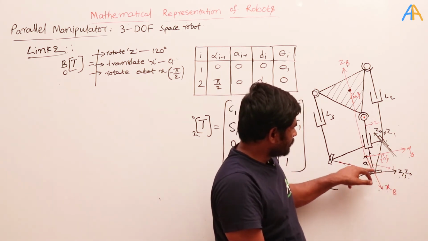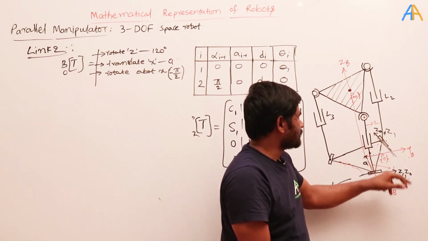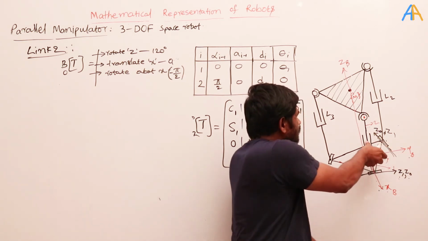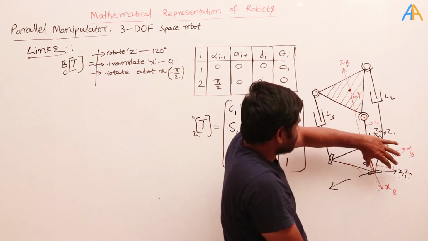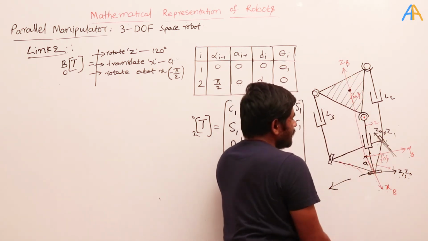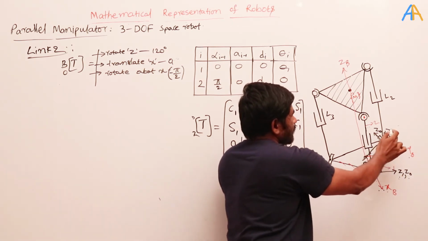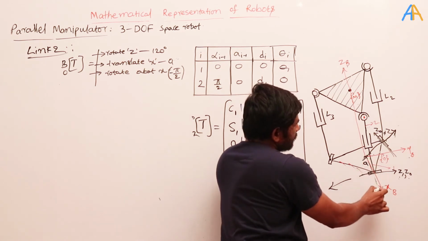So first of all you need to make sure that xp will become perpendicular to z0 and z1. Okay, so for that I will rotate this frame like this. When I am rotating this about the z axis, then this axis should go and become perpendicular to this, and it is going from here to here.